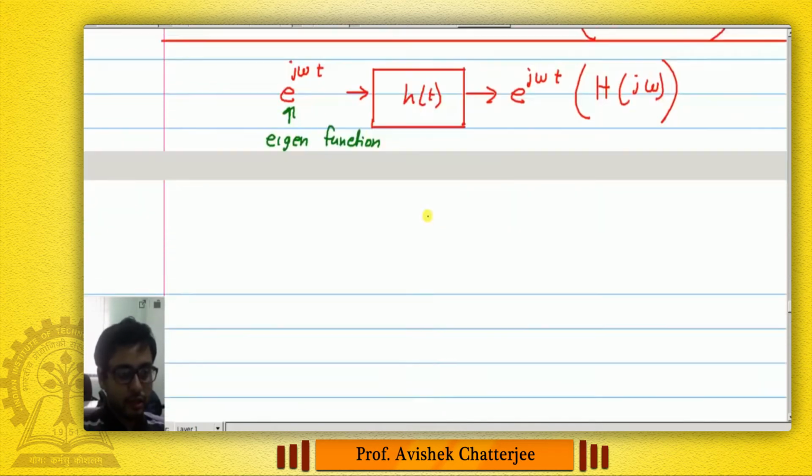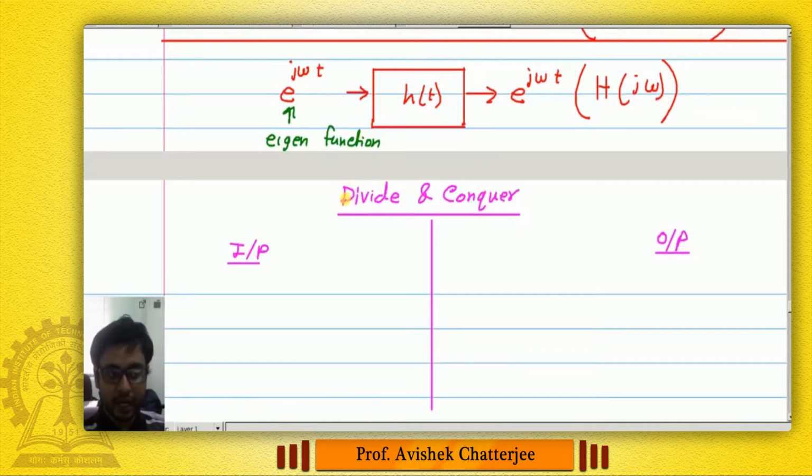Okay, so now we can apply our divide and conquer policy. Suppose we have an input x t, and the Fourier transform of x t is capital X omega, or using our new notation capital X of j omega, that you can get by replacing s in the Laplace transform of x with j omega.